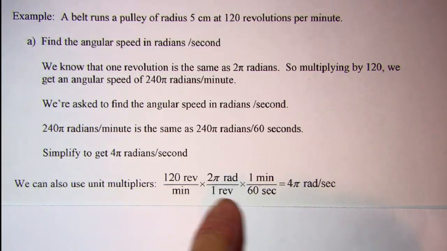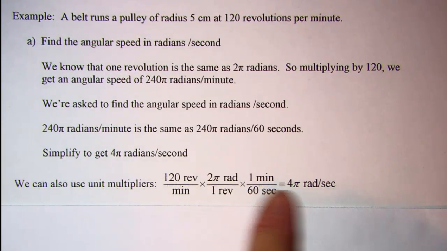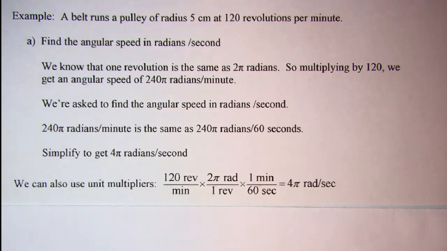So our 1 revolution is in the denominator, and we would cancel that off. And then to get rid of minutes and go to seconds, we need our minutes in the numerator and then seconds in the denominator. And working this out, we also get 4 pi radians per second.